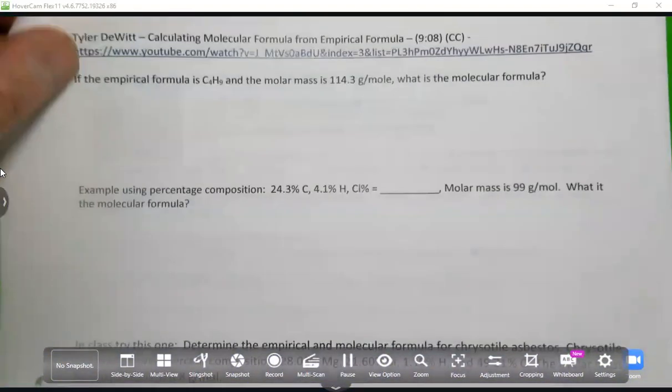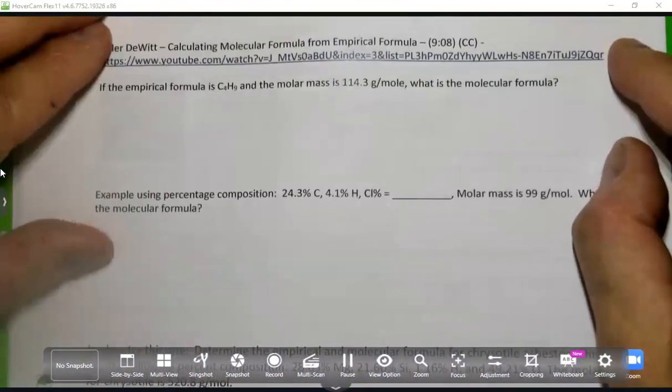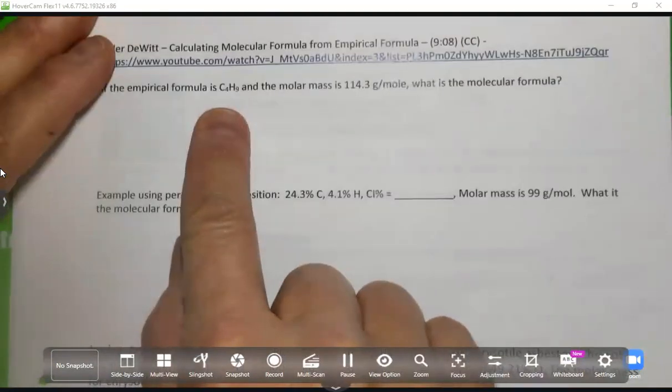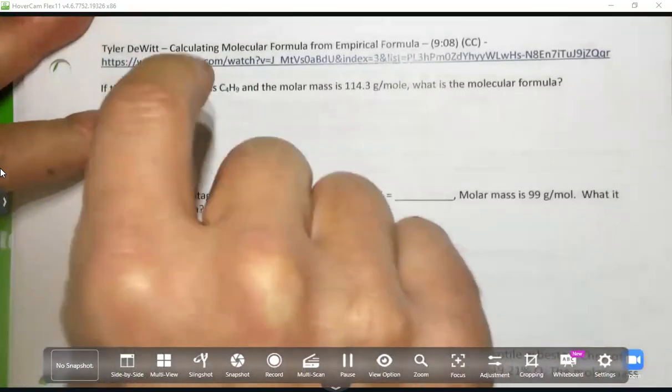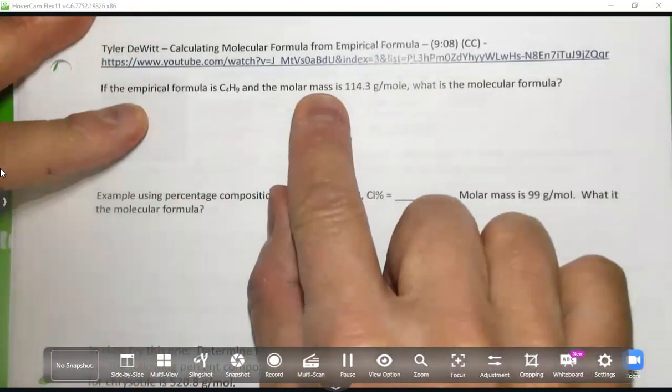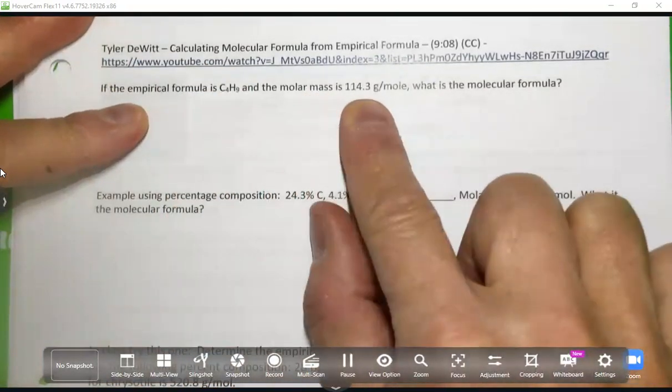So on the next page, it says the empirical formula is C4H9. So we know that's the reduced form. The molar mass is 114.3.